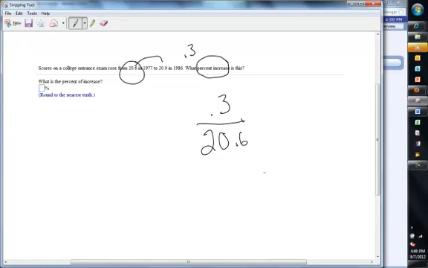Round to the nearest 10th percent. Well, I get 0.01456, and then these all have a line over them. So nearest 10th percent, here's the 10th percent, so we'd say 1.5% increase.